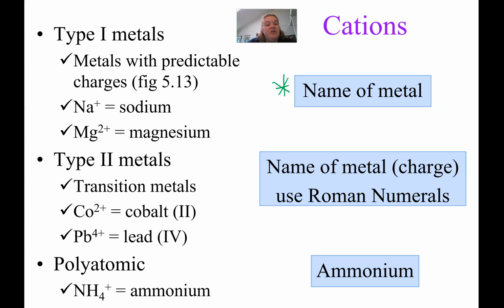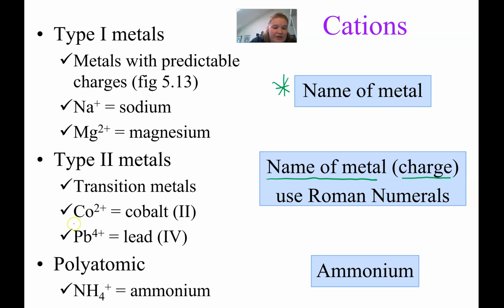If we have a type 2 metal, so these are mostly transition metals, but really it's any type of metal whose charge can be various things, we're still just going to use the name of the metal, but we're also going to put the charge of that metal in Roman numerals. Ionic compounds are combined together based off of those charges. We saw that when we were making them neutral, and so we need to know what that charge is since it can be more than one thing.